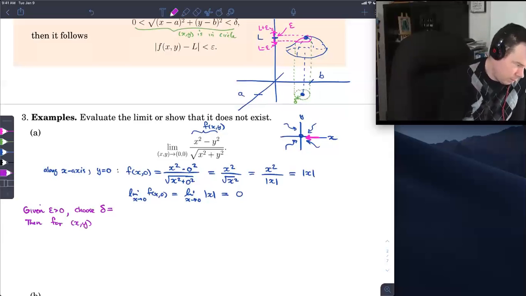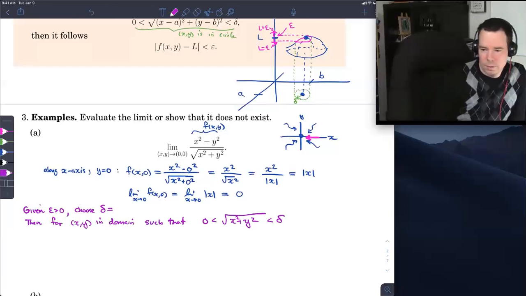Then for this xy in the domain, such that it's within delta of the point 0, 0, a, b in this case is 0, 0.